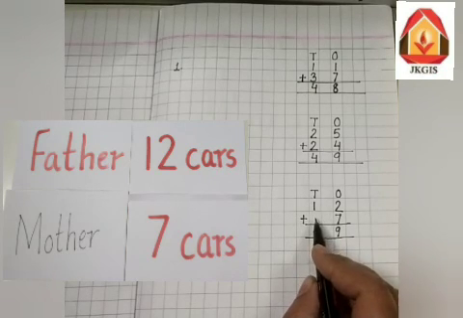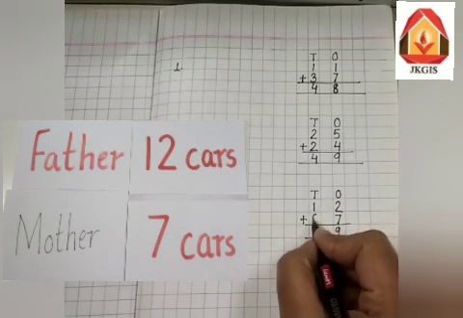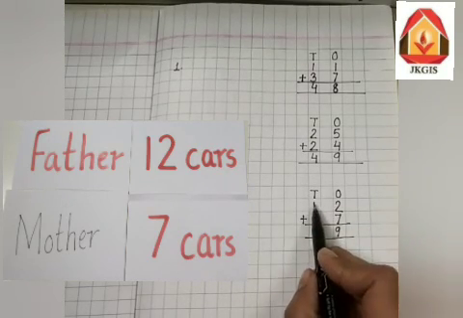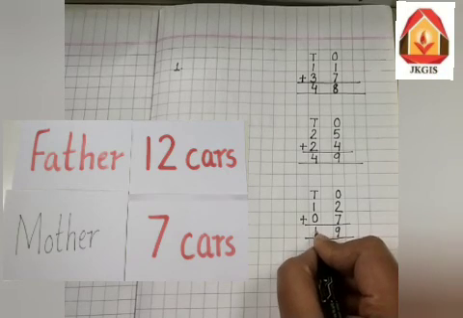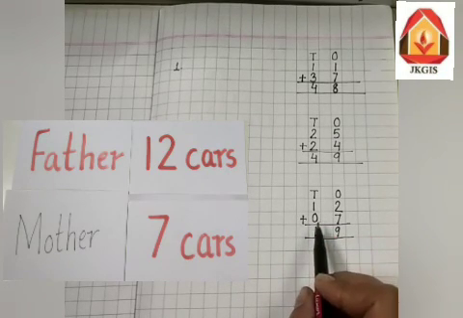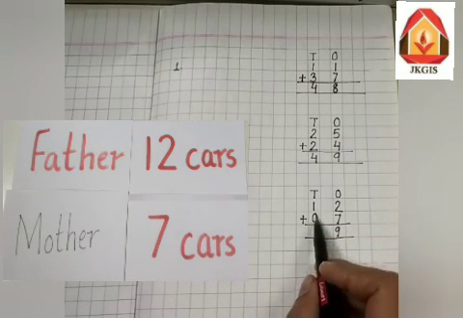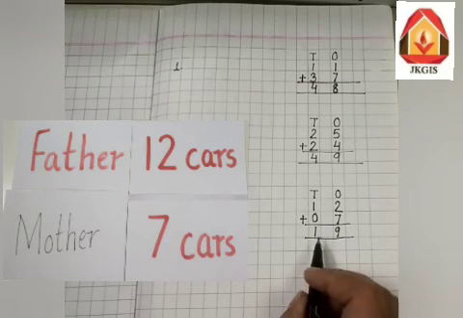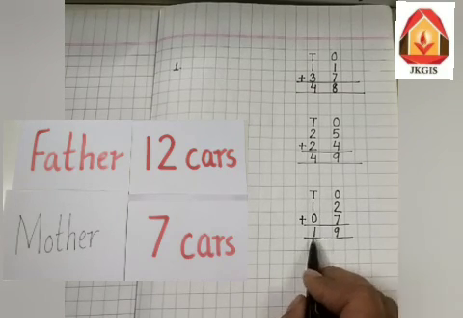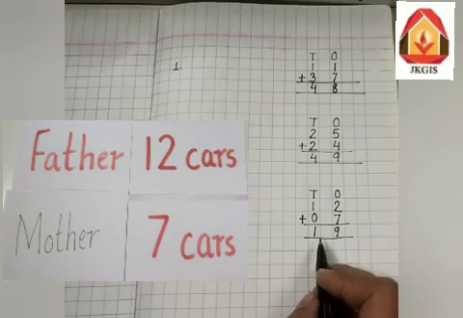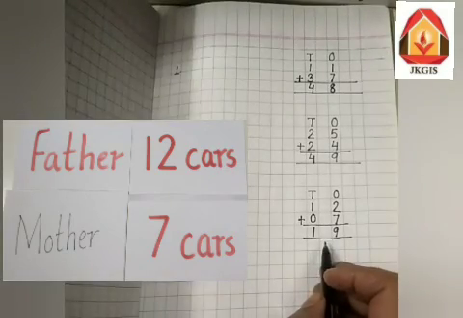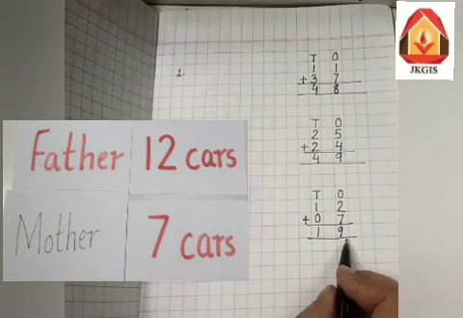So we will assume that 0 is there. So we can write 0 also. So 1 plus 0 is equal to 1. Whenever we add any number to 0, we will get the same number. So what is the total here? 19. So the total number of cars is 19.